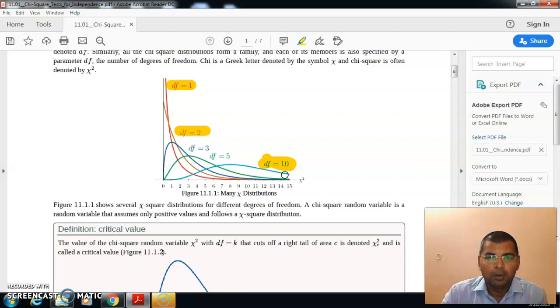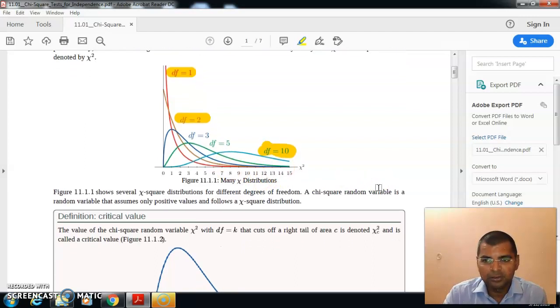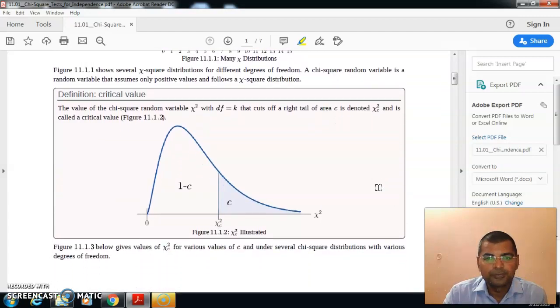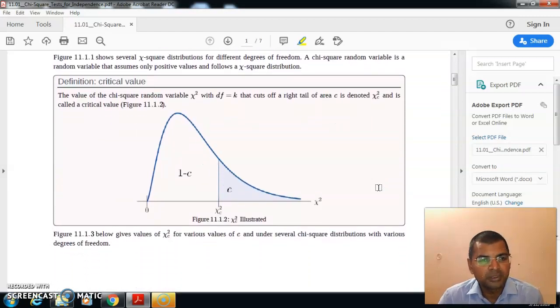Right. Now, one more concept before using it into our solving the problem: critical value. As you have come across this term critical value in t distribution and z distribution, how you used it, that if in the curve, if your calculated value lies less than your critical value, then you accept your null hypothesis.